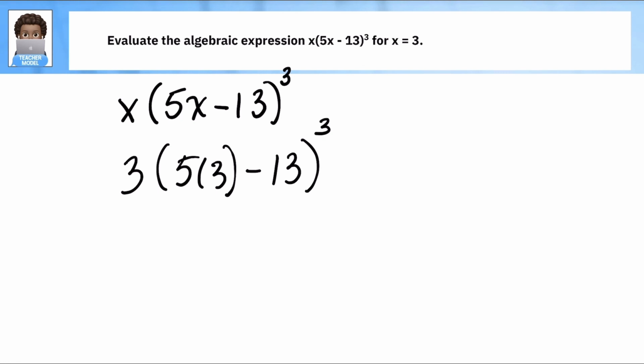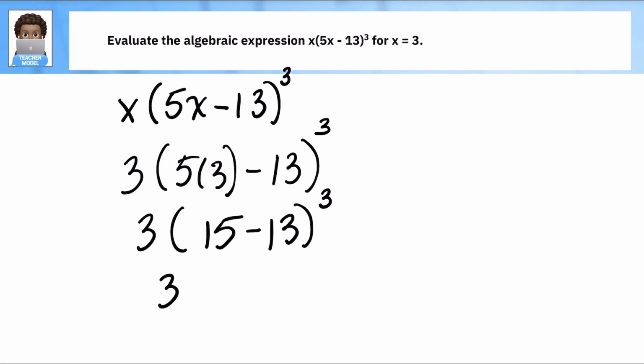So I'm actually going to start with what's inside the parentheses first. So I have 5 times 3, which is 15. 15 minus 13, to the third power. Let's simplify again what's in that parentheses. 3 times the quantity 2, to the third power.